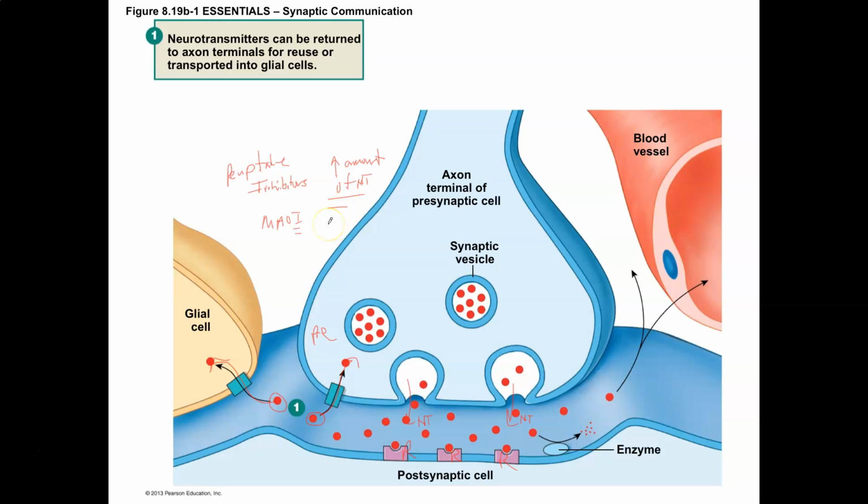And so that can allow the neurotransmitter to continue to bind the receptors and provide your postsynaptic response. And so that could be beneficial to treat certain neurological disorders, depressions, different types of psychological disorders. You may need to alter the levels of neurotransmitters within the synaptic cleft.